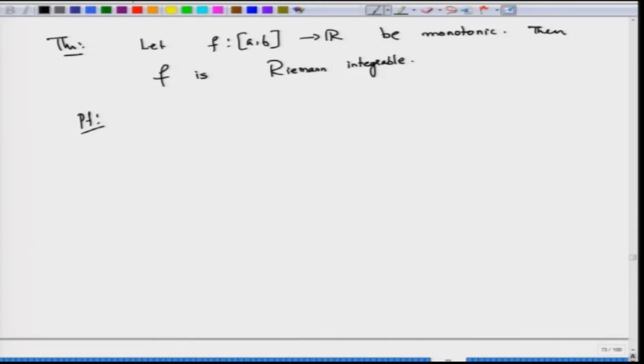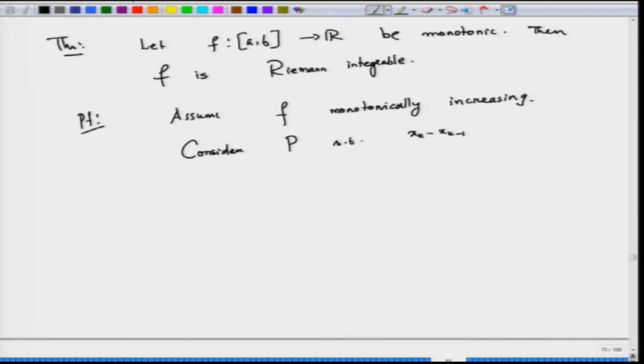So, now assume f is monotonically increasing. So, consider the partition P such that x_k minus x_{k-1} is equal to (b minus a) by n, for some n.